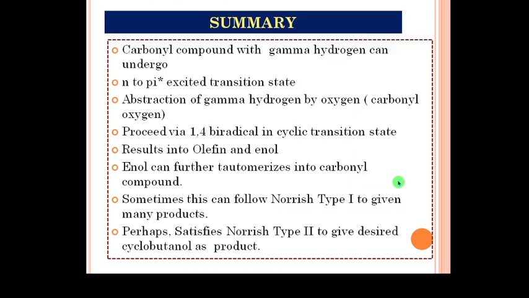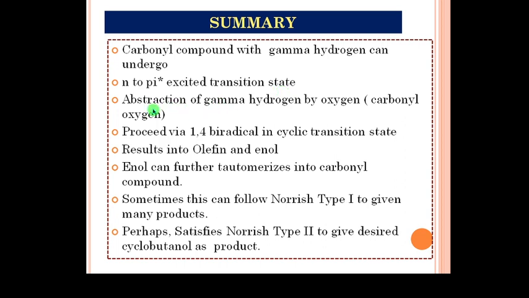So in summary, the carbonyl compound which possesses gamma hydrogen can undergo this particular Norrish type 2 reaction. And the carbonyl compound present there upon excitation goes to your n-pi star excited transition state.